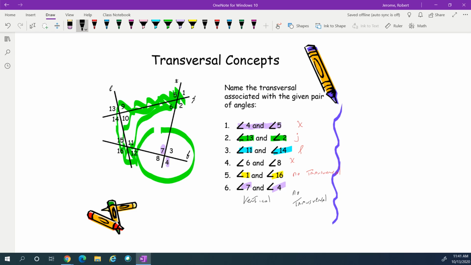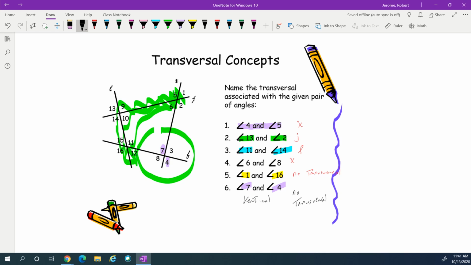They're in the same intersection. The purpose of the transversal is to connect two different intersections. They're in the same group. These are just vertical angles. We knew about vertical angles before we ever heard the word transversal. So we don't need a transversal for them.